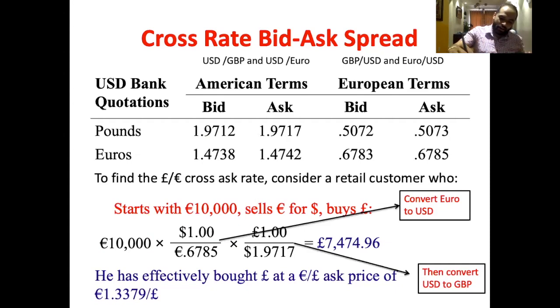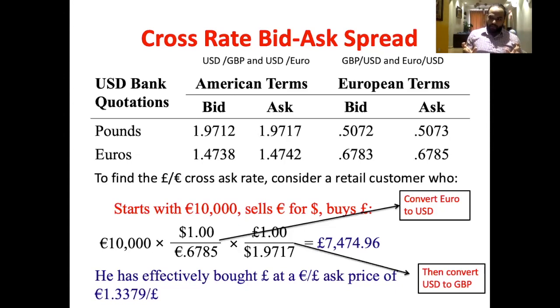Let me clear one thing: American terms do not always mean American dollars, and European terms do not always mean euro or pound. Let's take the example of Vietnam dong and Australian dollars. None of these currencies is American currency or European currency, right?